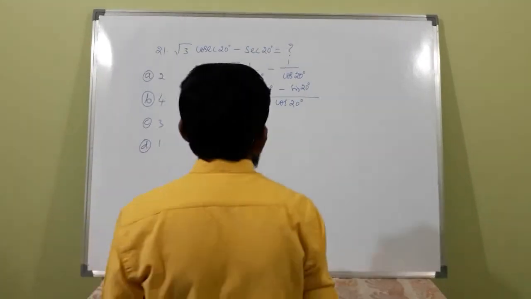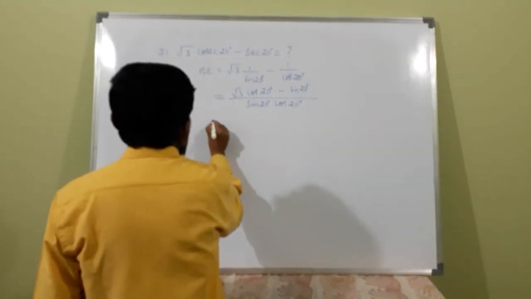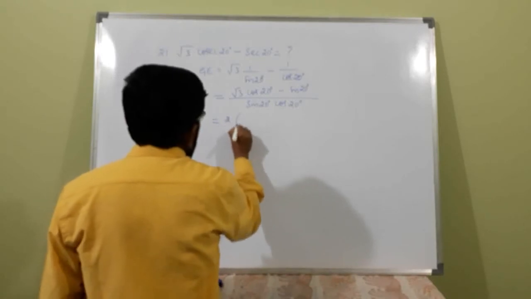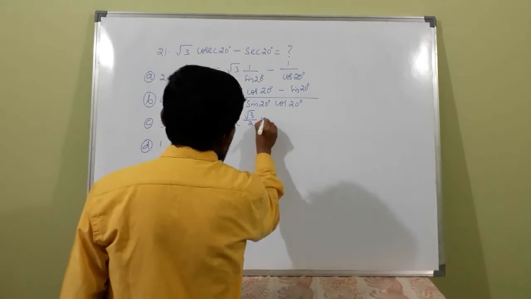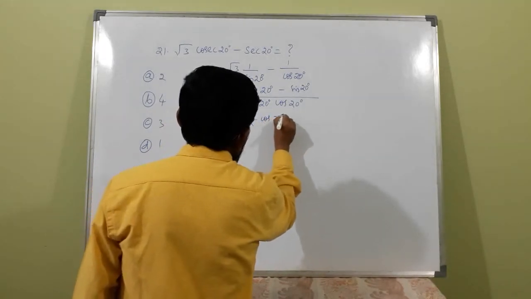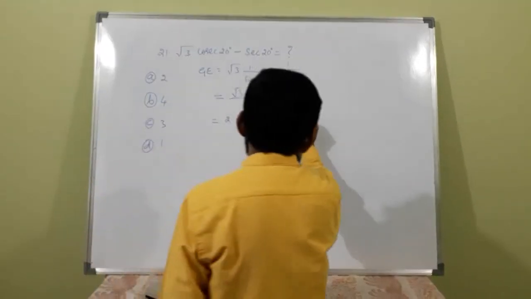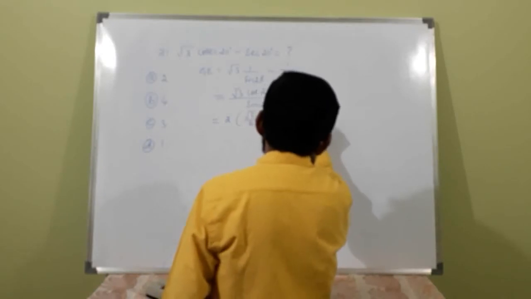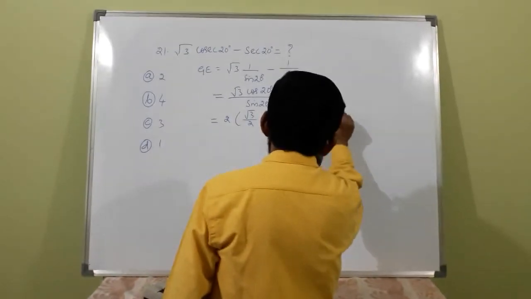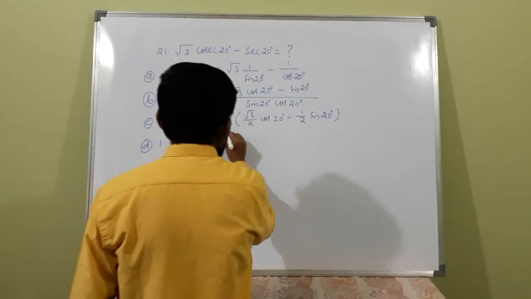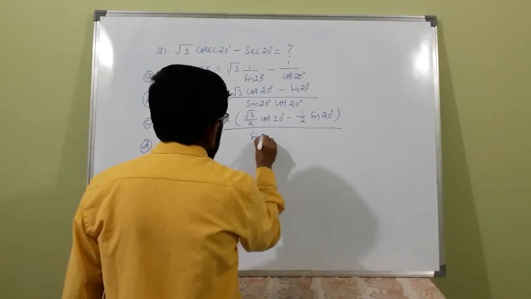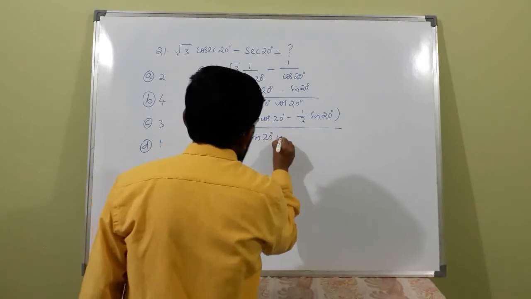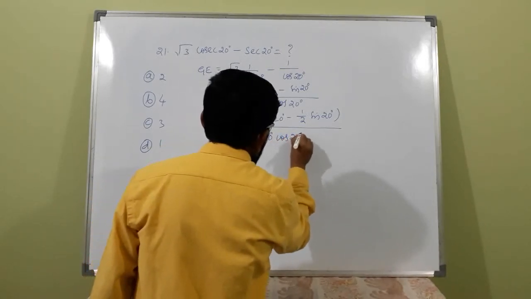Okay, let us take 2 common. 2 into (root 3 by 2 cos 20 minus half into sin 20) divided by sin 20 cos 20.